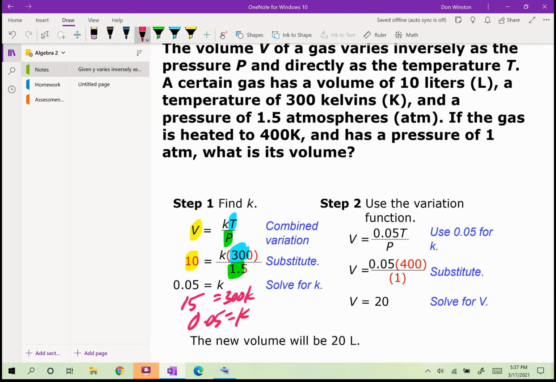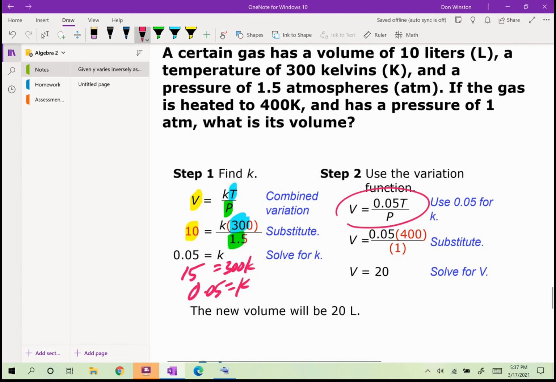So I found K, as we always do, we want to find K, and so now I can write my equation. The volume is equal to 0.05 T over P. And then we can use that to answer the next problems. If the gas is heated to 400 K and has a pressure of 1, what is the volume? Okay, so here we're just solving for volume.